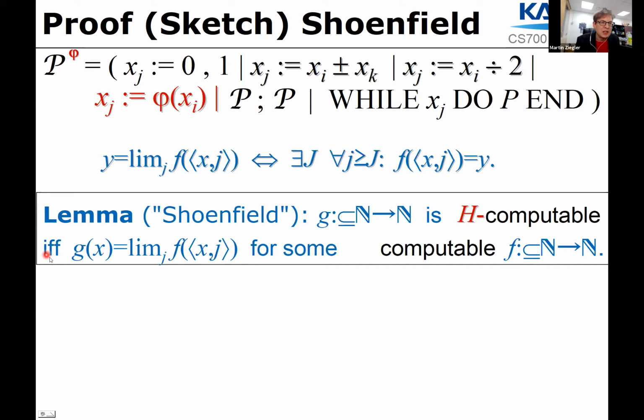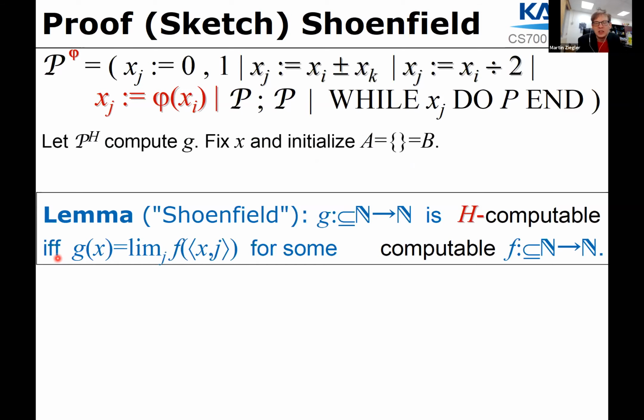But the limit lemma is an equivalence. It also makes a claim about the opposite direction. And in order to establish the opposite direction, here's a proof sketch. And that's actually pretty subtle. So if you don't immediately understand it, I'd like to encourage you to review the video. That's one of the reasons why we put the recorded lecture videos online.